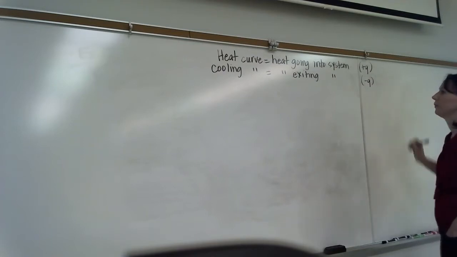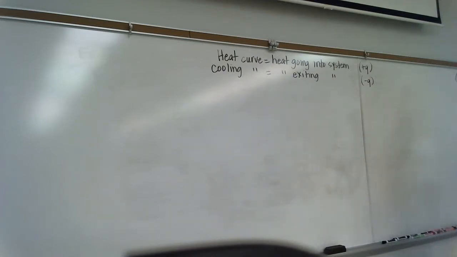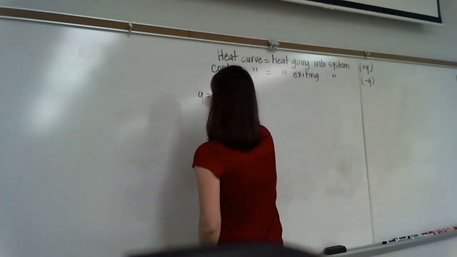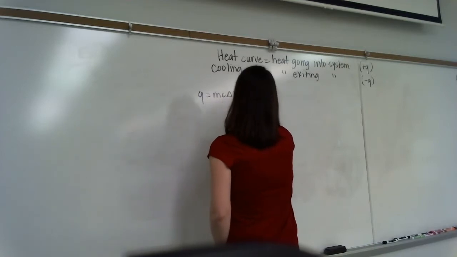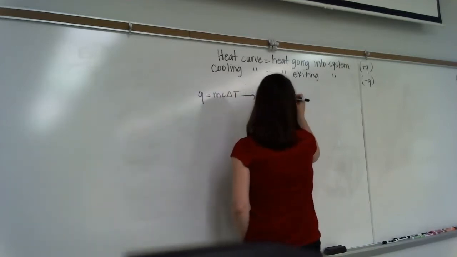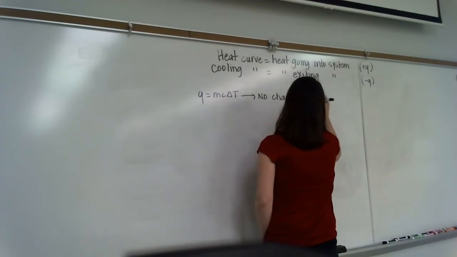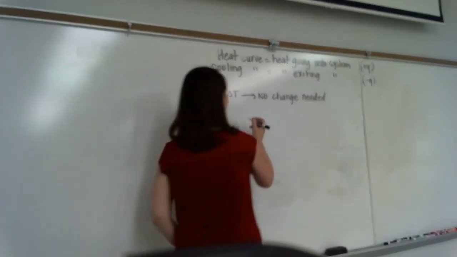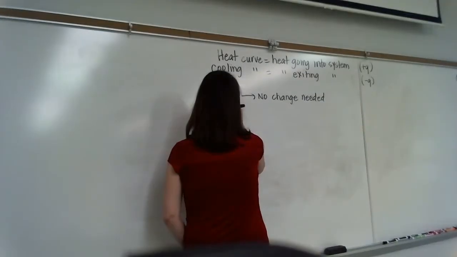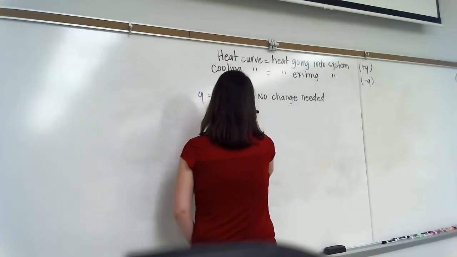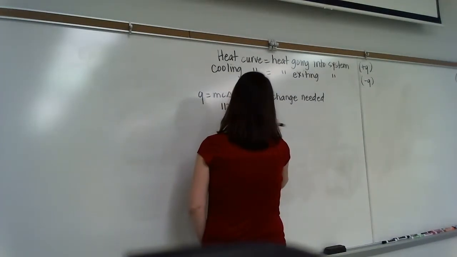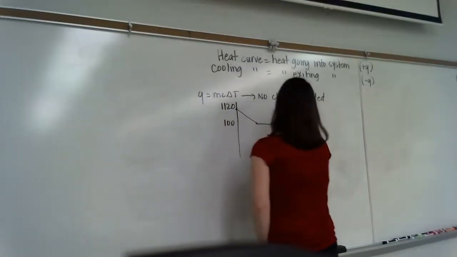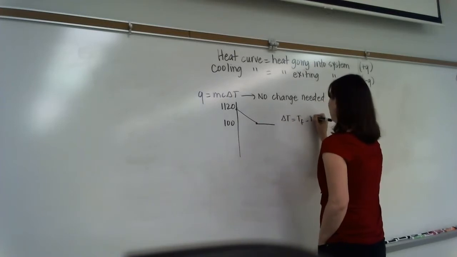Negative Q. So when you're doing a cooling curve, for your Q equals mc delta T calculations, no change is needed. It's going to come out negative already by default. Because think about it, if you're cooling down from 120 down to 100, delta T is going to be T final minus T initial.